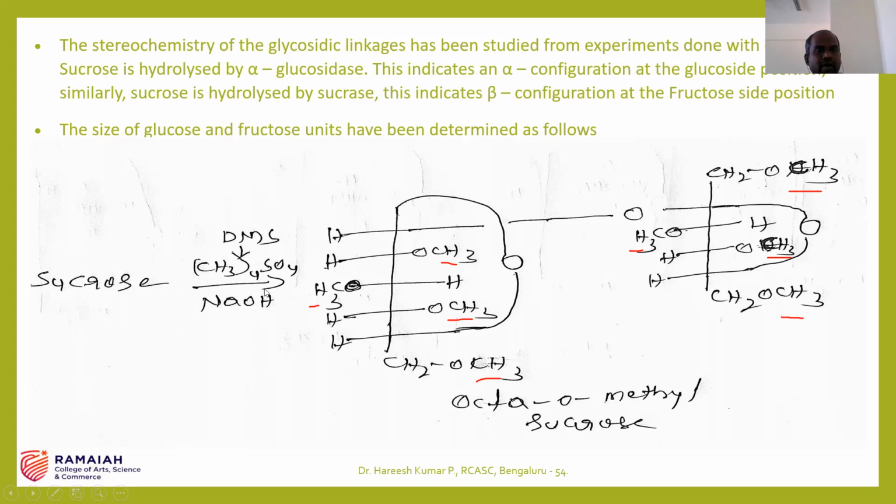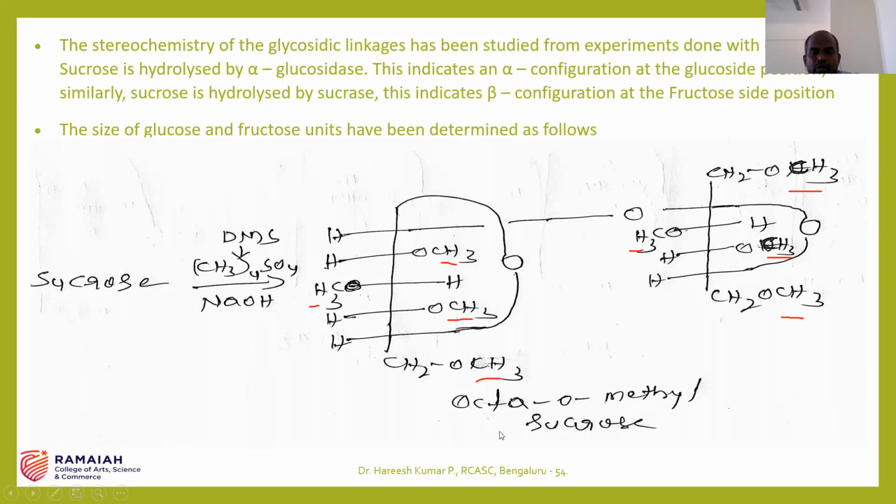It will convert a hydroxy group into an alkoxy group. When sucrose is treated with dimethyl sulfate in the presence of sodium hydroxide, it gives octa-O-methyl sucrose. That means here one methyl, this is 1, 2, 3, 4, 5, 6, 7, 8. There are 8 methyl groups.